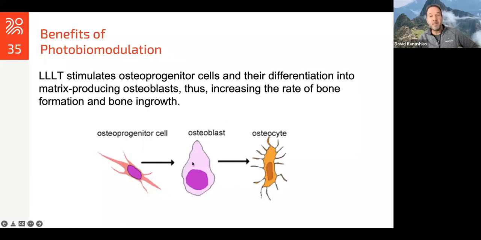So really, the big picture here is it stimulates these baby osteoprogenitor cells and causes their differentiation into matrix-producing osteoblasts, right? And increases the rate of bone formation and bone ingrowth. So that's essentially what it's going to do directly on the bone, and you need to get the light into the bone. So I'll talk to you a little bit about how to do that.